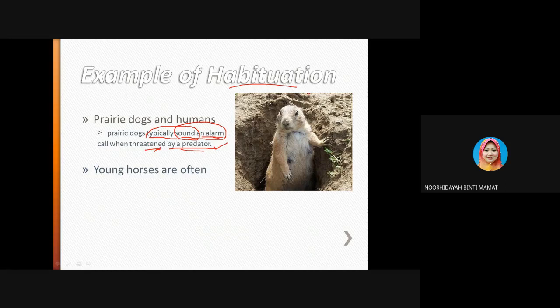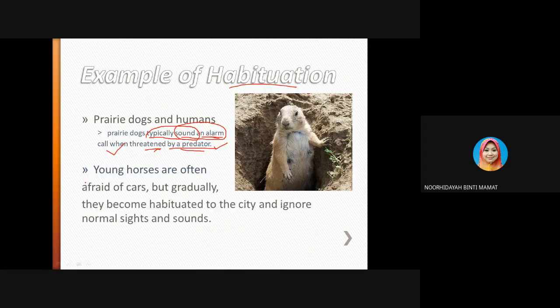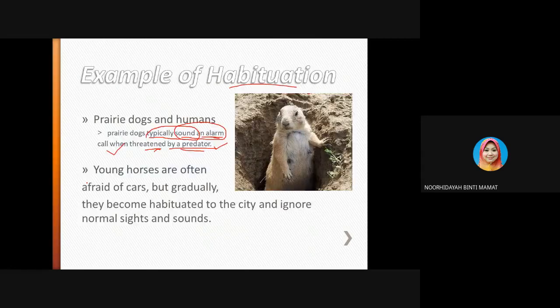So that is non-associative learning: a decrease in response to a stimulus after repeated exposure. This is habituation, the first example. The second one: young horses are often afraid of cars, but gradually they become habituated to the city and ignore the normal sights and sounds.